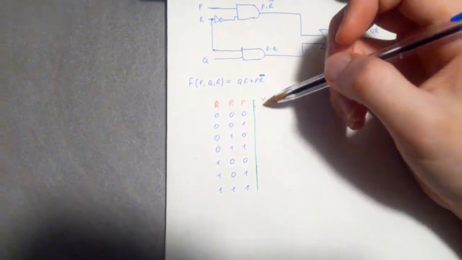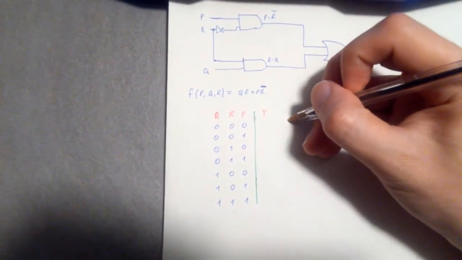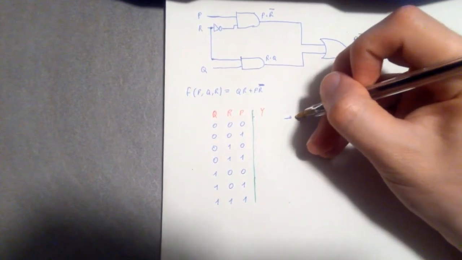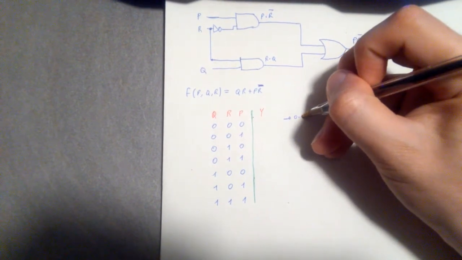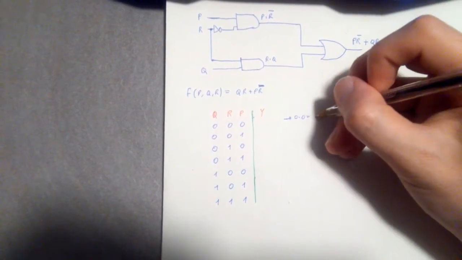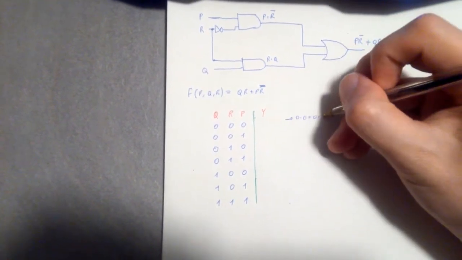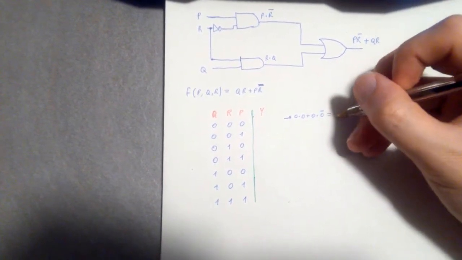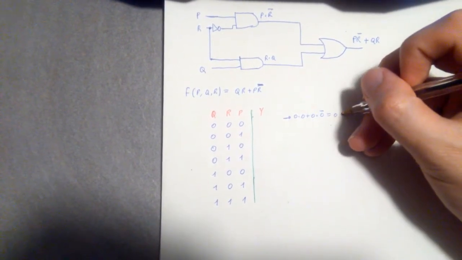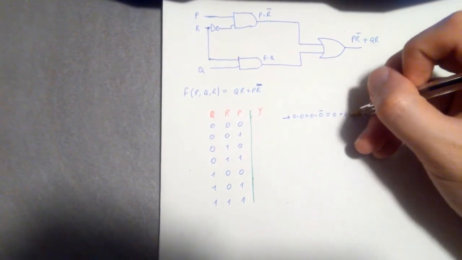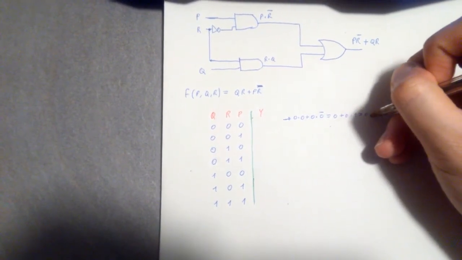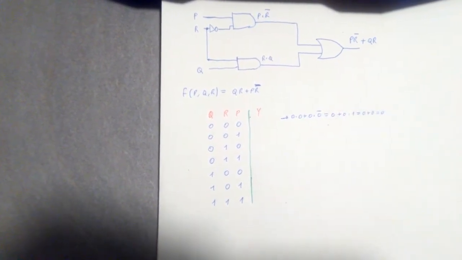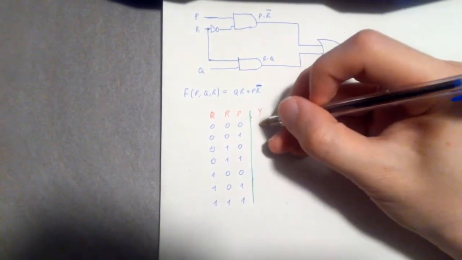And as Y, in this case we'll have 0 times 0 plus 0 times 0 naught. So 0 times 0 is 0, plus 0 times 0 naught is 1, but it's still 0, plus 0, so it's 0. So it stays at 0.